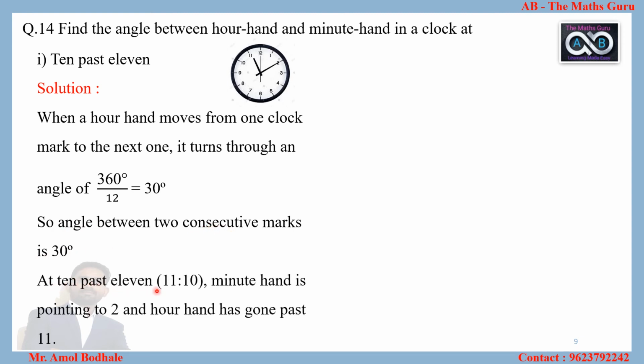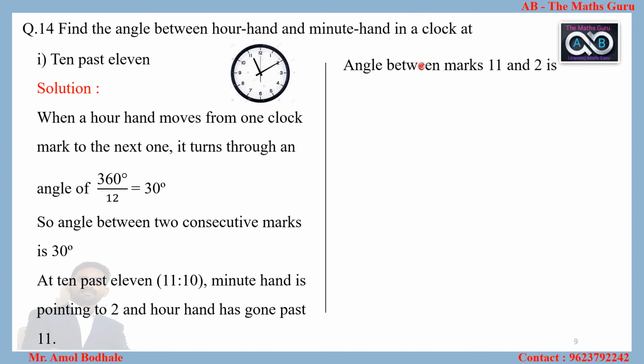At 10 past 11, the minute hand is pointing at 2 here, and the hour hand has gone past 11. It is not exactly on 11. Now if we calculate the angle from mark 11 to 2, there are 3 consecutive marks in between: 11 to 12, 12 to 1, 1 to 2.